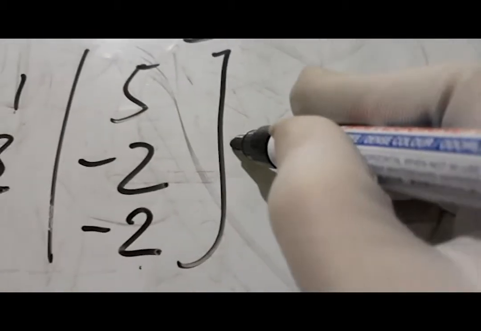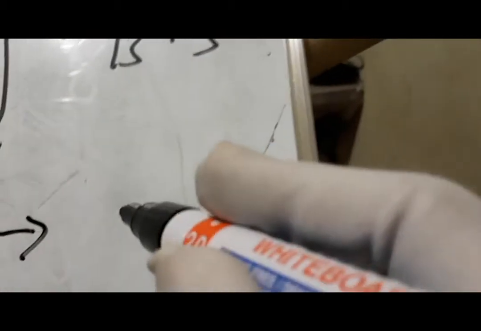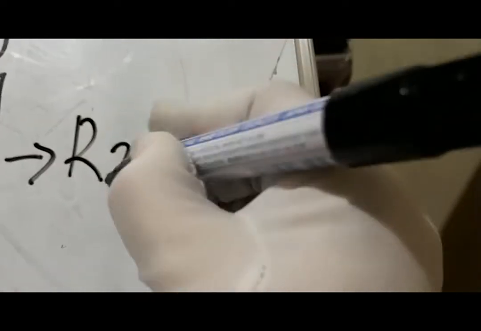Next is, let us reduce this from this one. Let us reduce this to 0. So we can use the row operation R2 minus 3 R3.